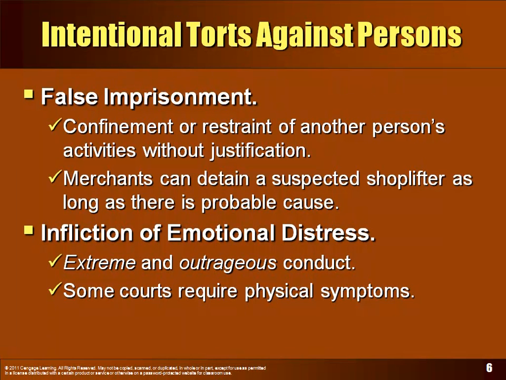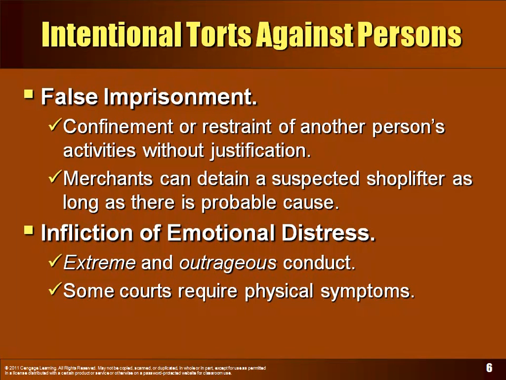So a lot of times on TV you hear, I'm going to sue for emotional distress. Well, first of all, it has to be extreme and outrageous. A plane going down in front of you with your family members in it, probably yes. But the airline lost your luggage, probably not. Some courts require physical symptoms.